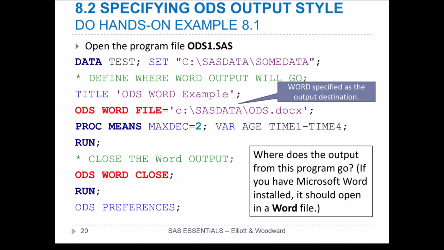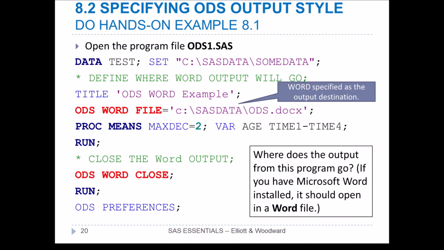All right, so let's specify ODS output style with, in this example, 8.1. Open up the file ods1.sas and you'll see that this is the code that you get. We're creating a data set called test from some data. We're giving it a title, ODS Word example.